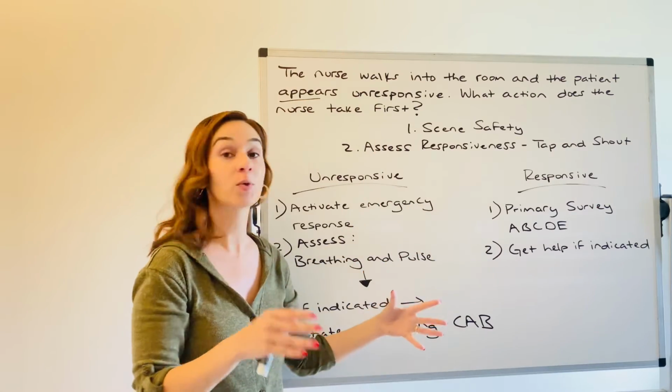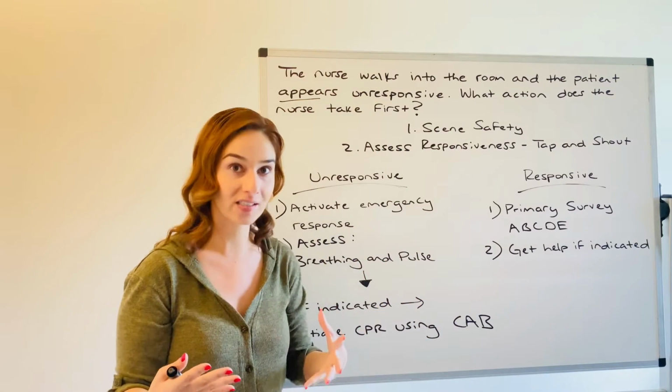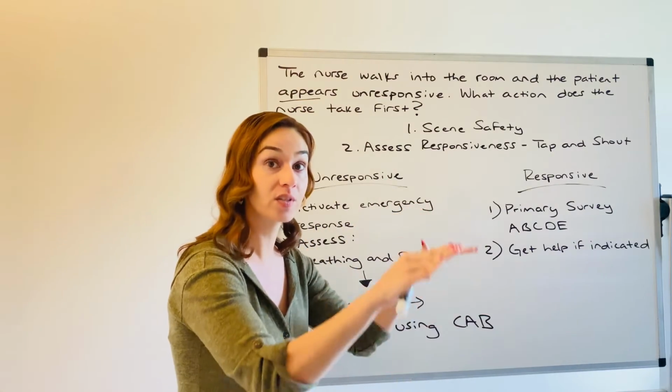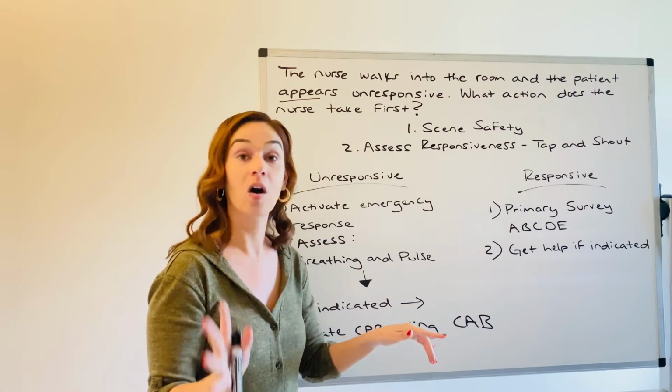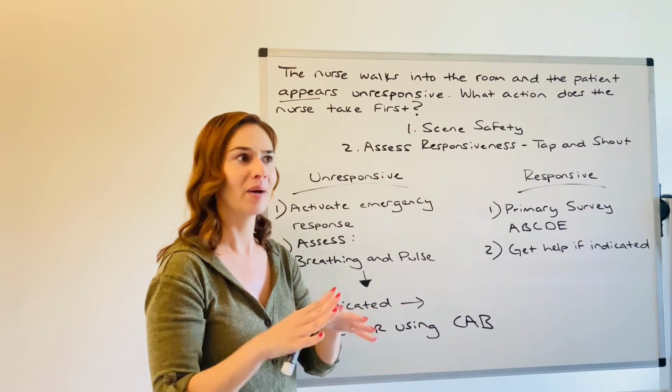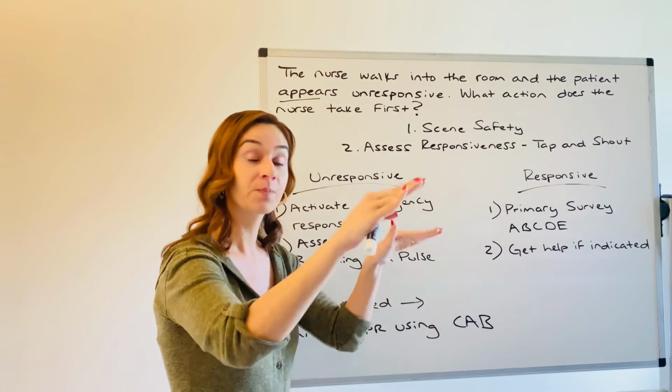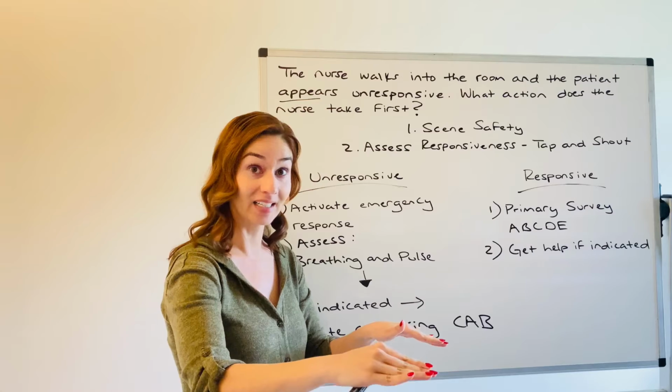And I'm just going to walk through an adult patient. You need to know the differences with infants and children. But when you tap and shout, I did this wrong for years. I don't even know when the evidence changed, but you need to tap and shout on both sides of the body, right?